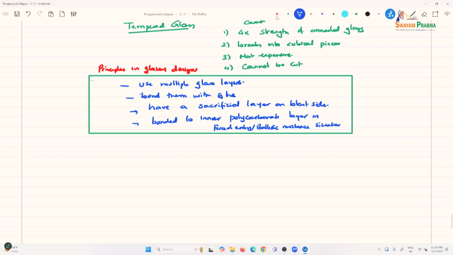In our application, in blast applications, a monolithic tempered glass is often used, is recommended.